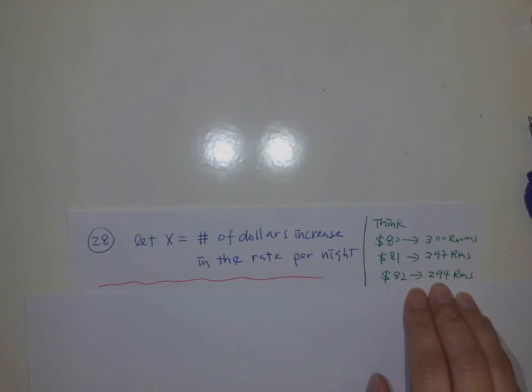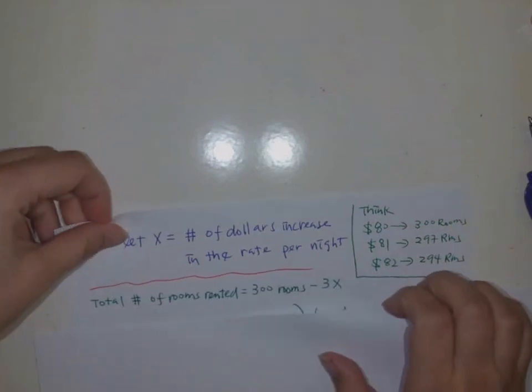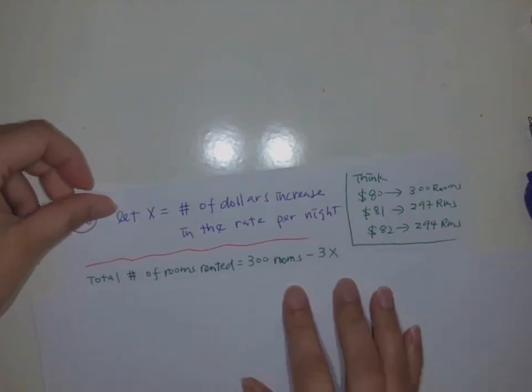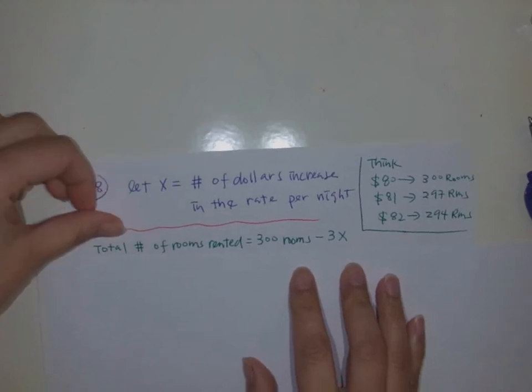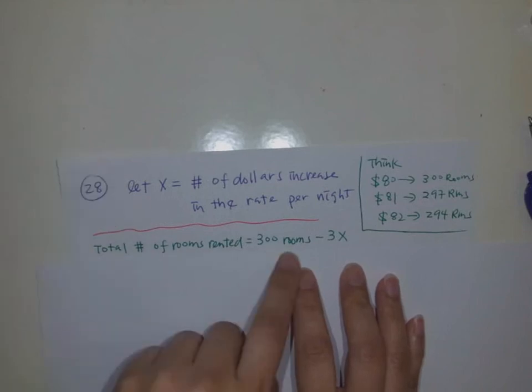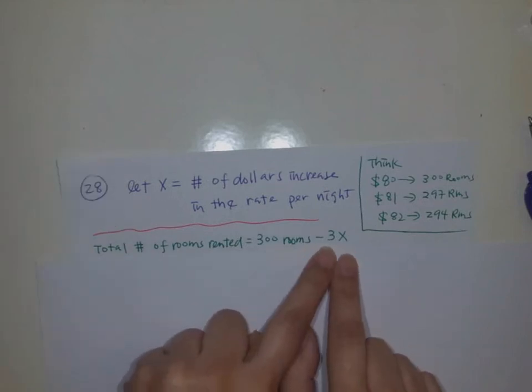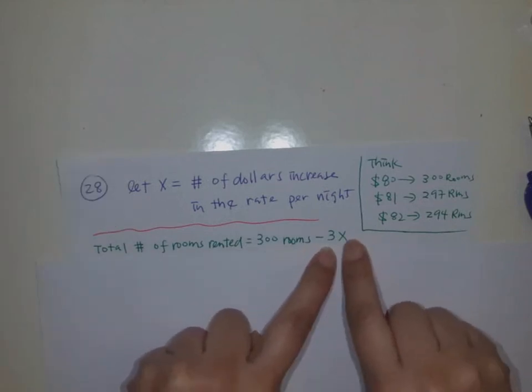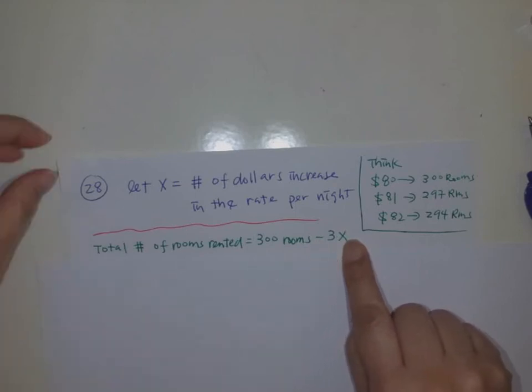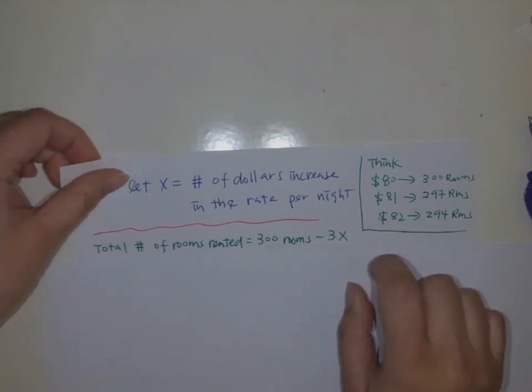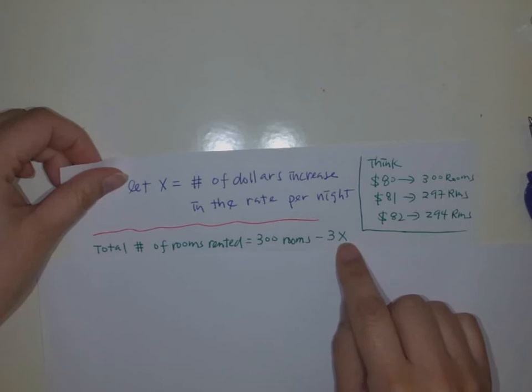And then next, the total number of rooms you're going to rent out if you increase the price would be 300 rooms, subtract 3 at a time for each dollar you increase. So the room number would be 300 minus 3 times x, how many dollars you increase.